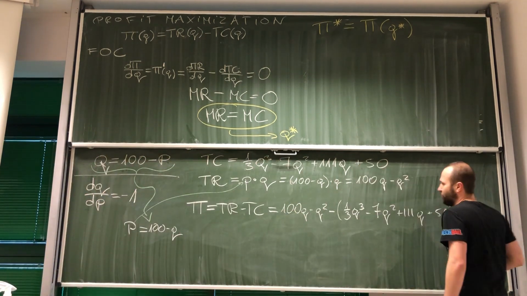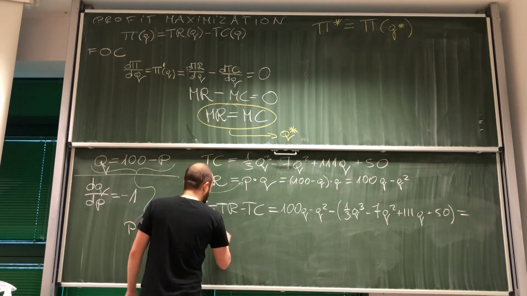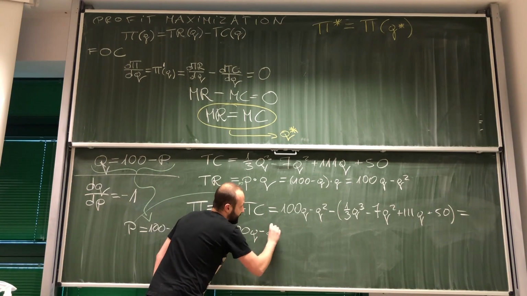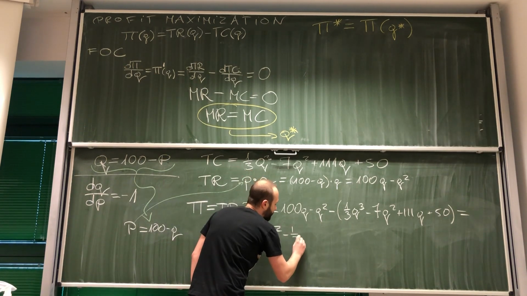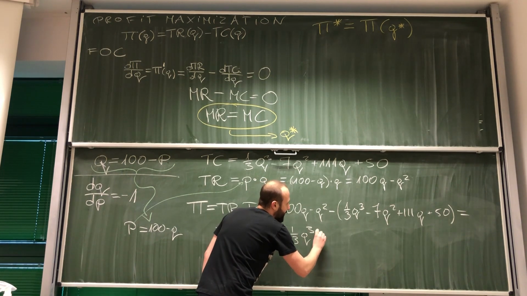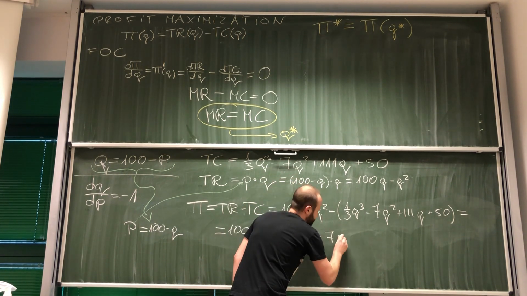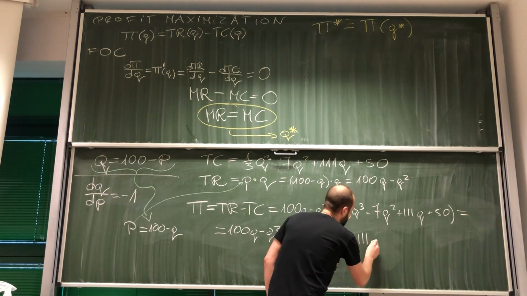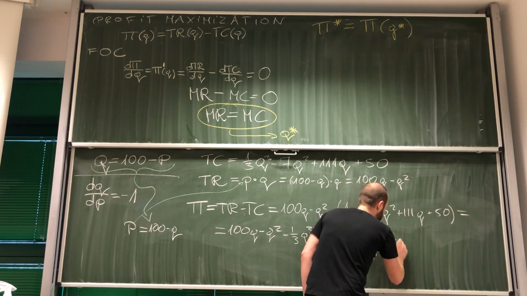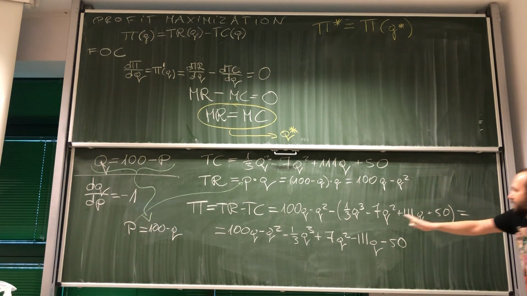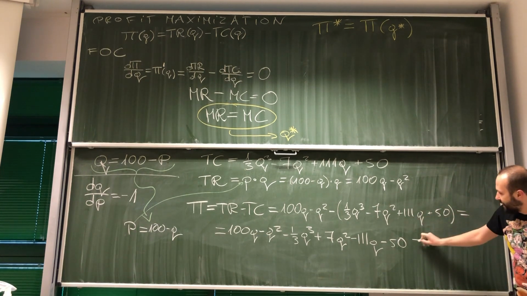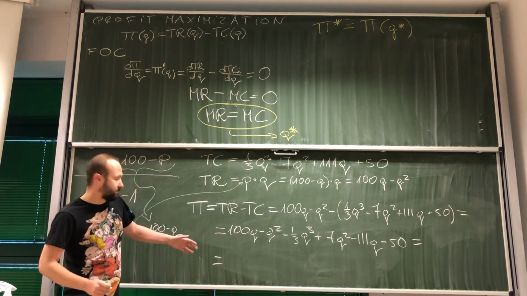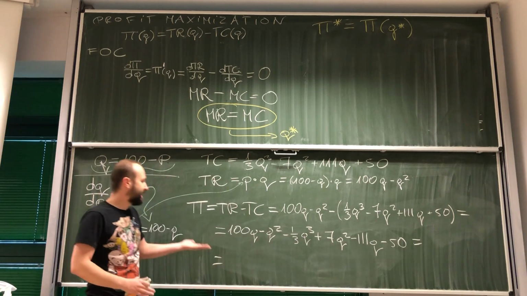But of course, we get rid of the parentheses over here. Let me just do it slowly. And what do we get? Look, still 100q minus q squared stays the same, but now we have minus 1/3 q cubed plus 7q squared minus 111q minus 50. Right? I simply changed the sign of every expression. And look, now a good idea is simply to simplify this expression as much as we can.